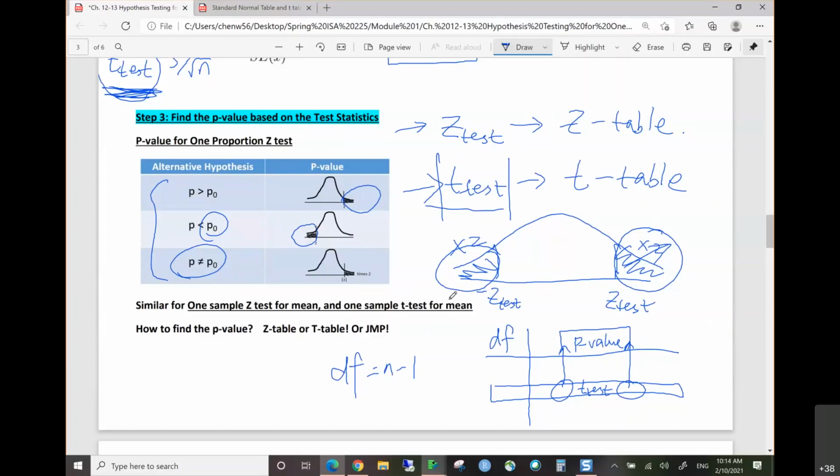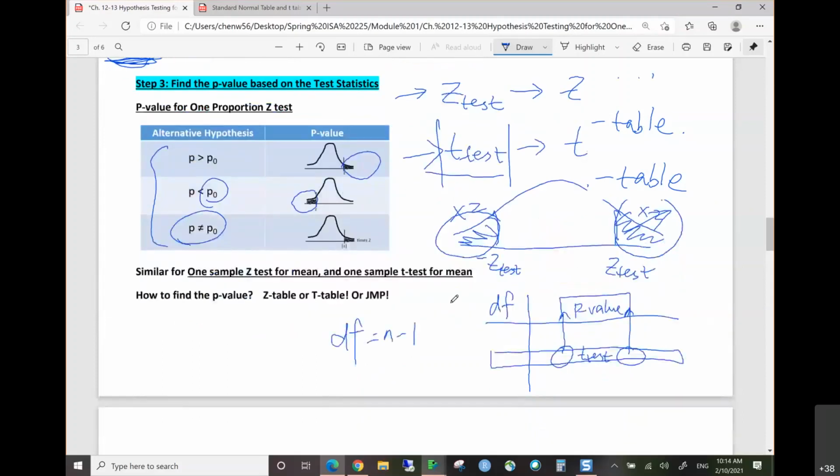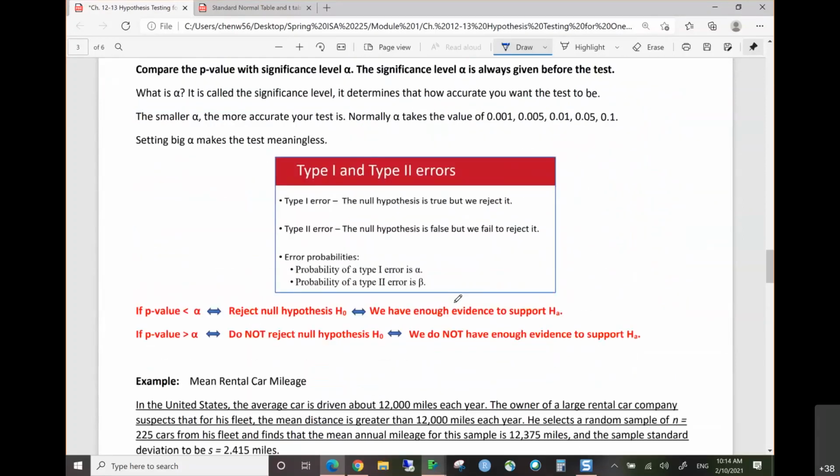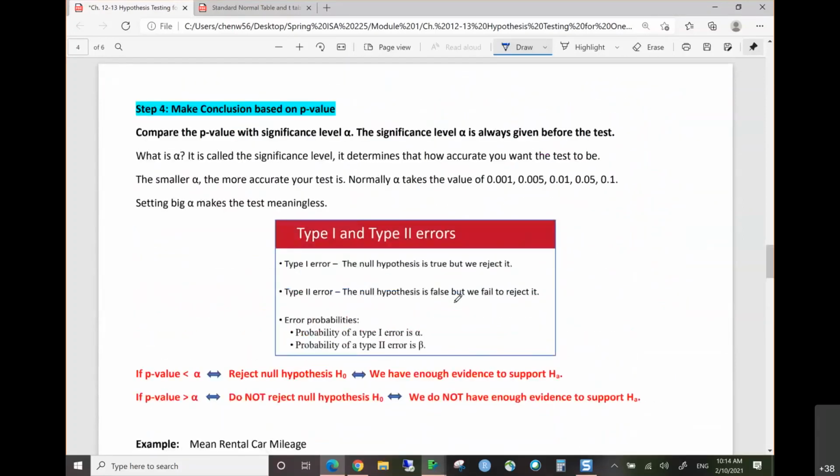All right, once we have the p-value, the next step will be our conclusion, right? We make the conclusion based on this rejection rule. We call alpha the significance level, right? If the p-value you got from the last step is less than our significance level alpha, then we reject the null hypothesis.